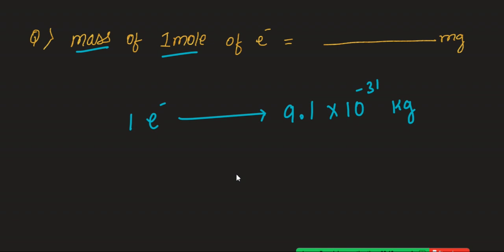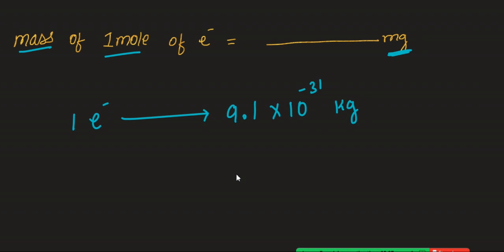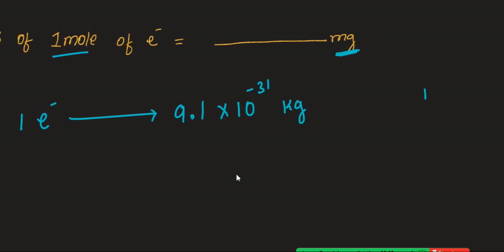Now coming to the next one, but they are asking in mg. Mg is nothing but milligrams. Remember in the starting class I gave you how to convert kilograms to milligrams. We have to multiply with 10 to the power of plus 6, kilo to milli.